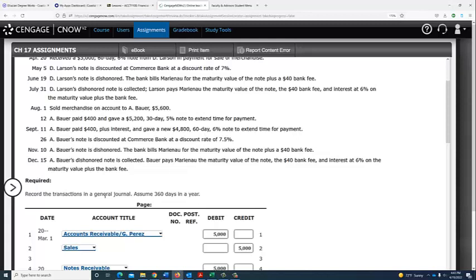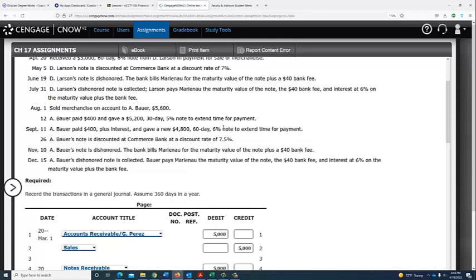So that will be our discount days. So maturity value 48.48 times a 7.5% discount rate times 45 days divided by 360 is $45.45.